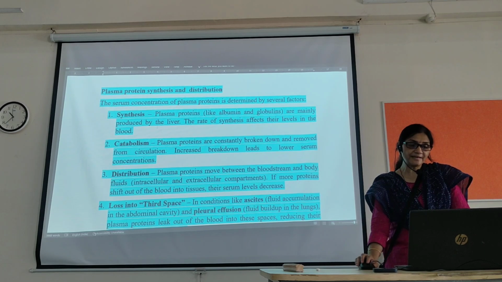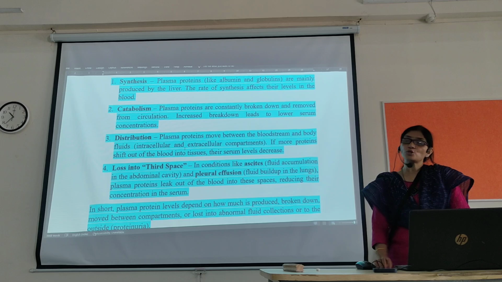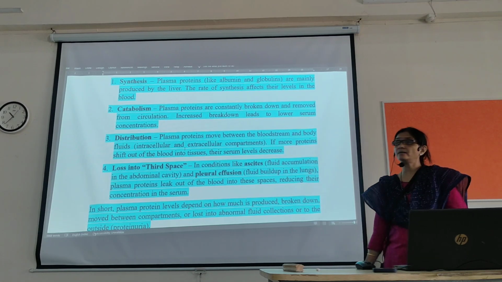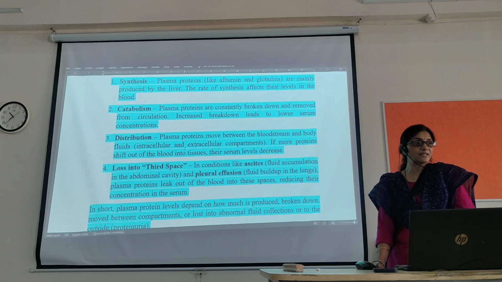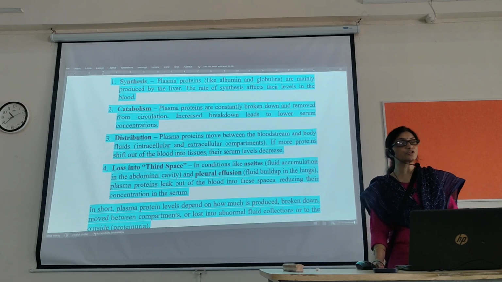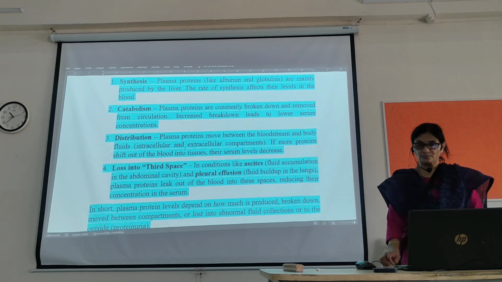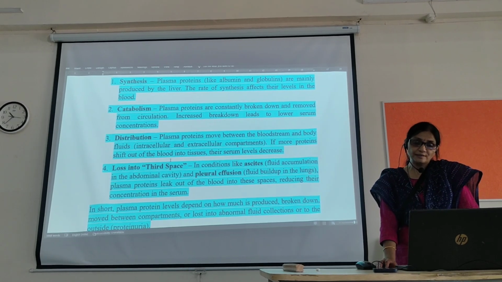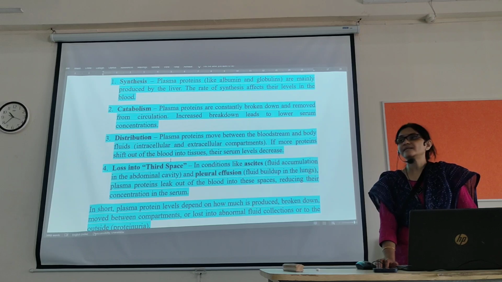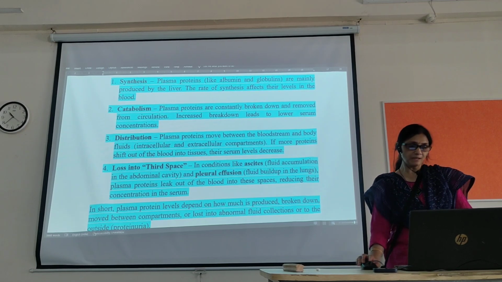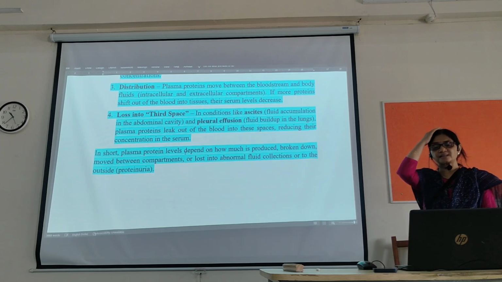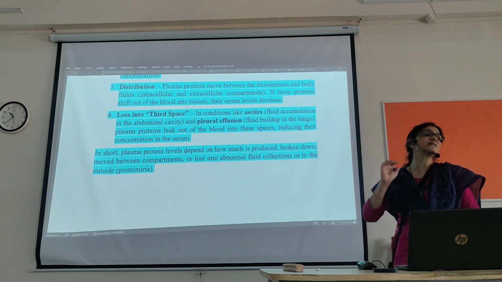Then distribution: plasma proteins move between the bloodstream and body fluid, for example intracellular and extracellular compartments. If more protein shifts out of the blood into tissues, their serum levels decrease. Then loss into the third space, in conditions like ascites, meaning acidic fluid.